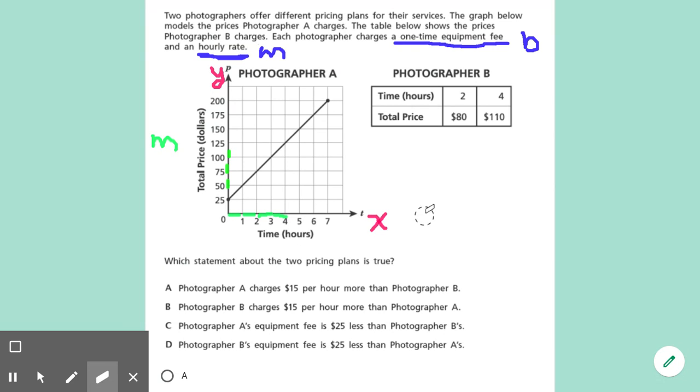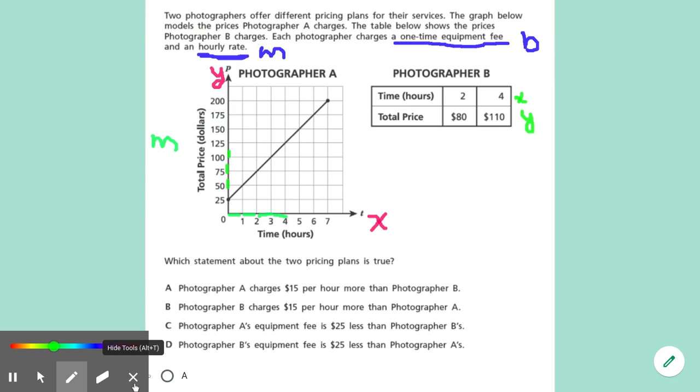Hint number 3, now we're looking at photographer B. And for photographer B, what we're given are the prices. This is like looking at your x values and your y values here, right? But we're only given the coordinates. Remember, we have to use the points to write an equation.